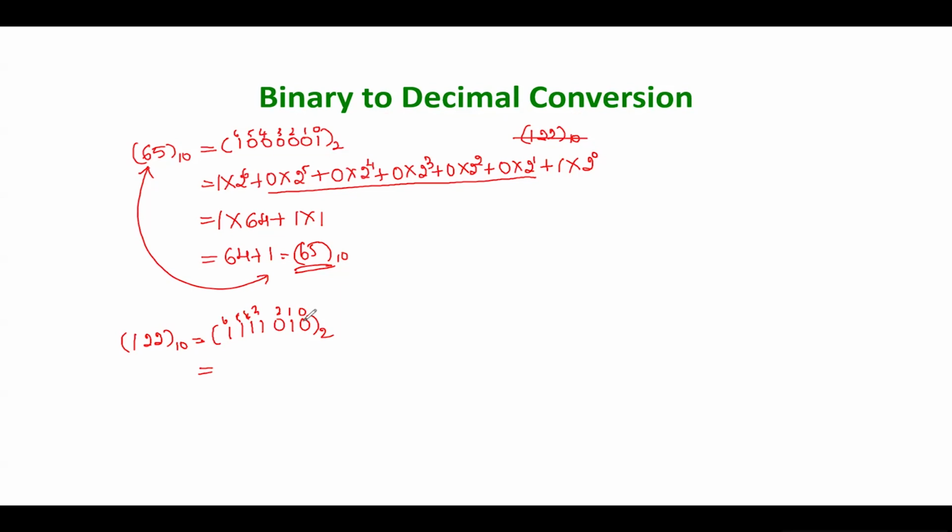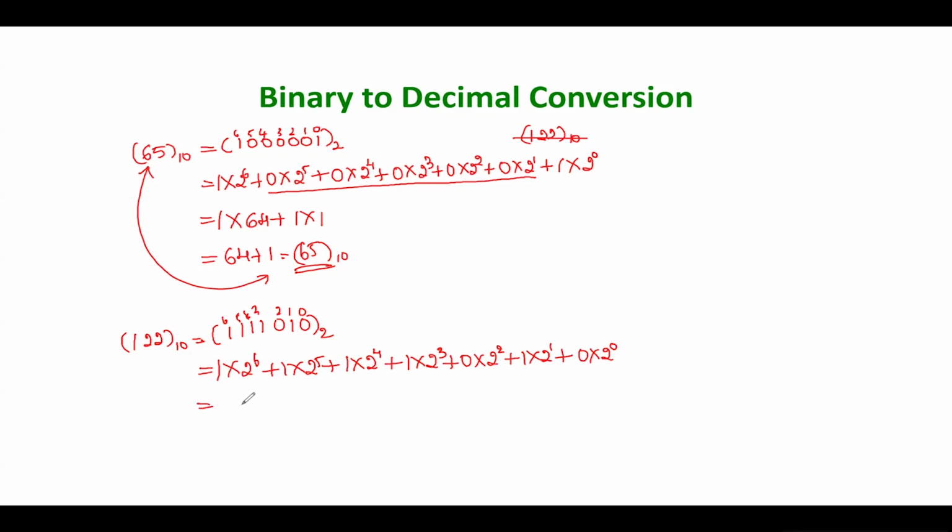Once you are aware of how to write that, you can straight away go ahead and write. As of now, since I'm making you understand it, I'm going to be writing it. All right. So 1 into 2 to the power 6 plus 1 into 2 to the power 5 plus 1 into 2 to the power 4 plus 1 into 2 to the power 3 plus 0 into 2 to the power 2 plus 1 into 2 to the power 1 plus 0 into 2 to the power 0.